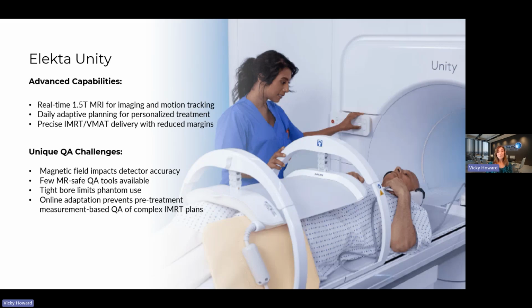There are also tight bore sizes which can limit phantom use. And then, as you know, online adaptation while the patient's on the table really does prevent pre-treatment measurement-based QA for complex IMRT and VMAT plans. So those types of plans need to have QA in other areas incorporated and kind of beefed up to make sure they're very robust.